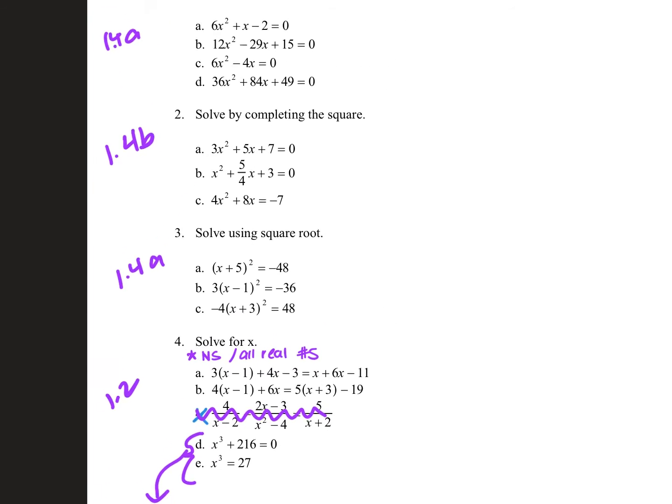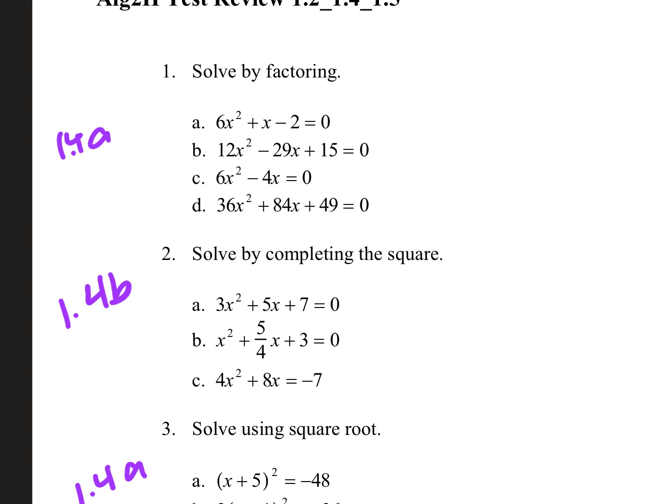Then came the solving by factoring. So be prepared for greatest common factor. You want to look for that first. You want to look for difference of 2 squares. If there's a trinomial where the a is not equal to 1, where you have to do the first and last.